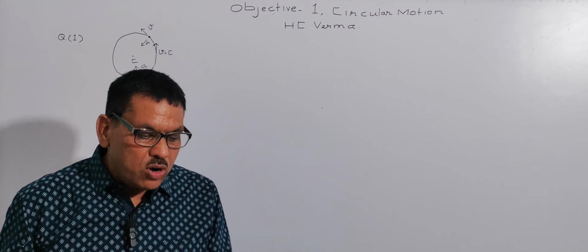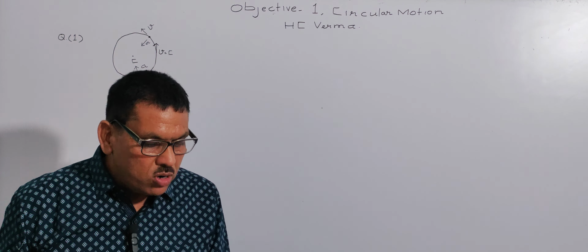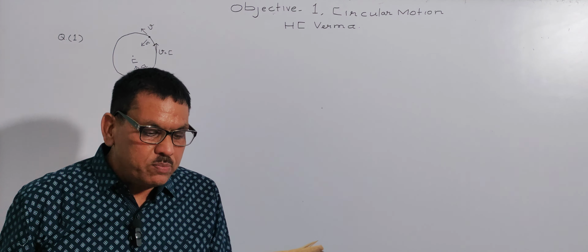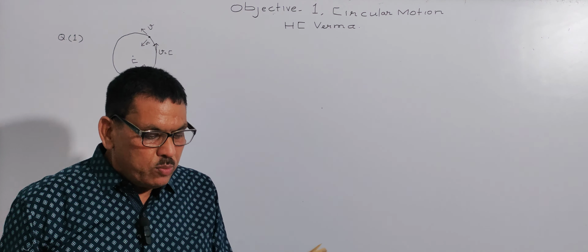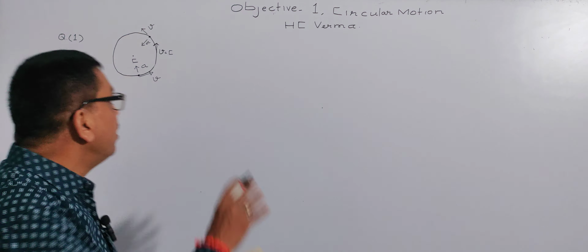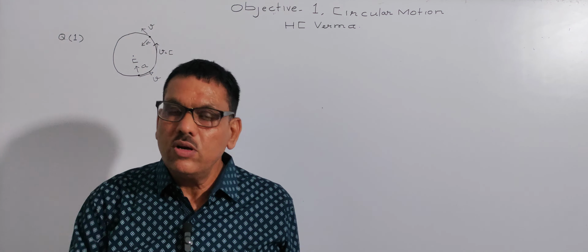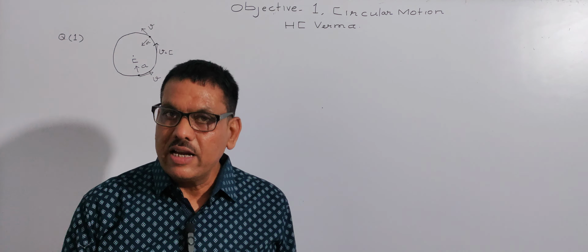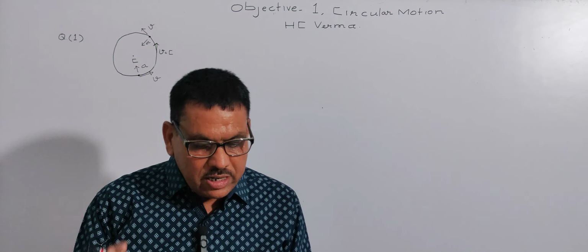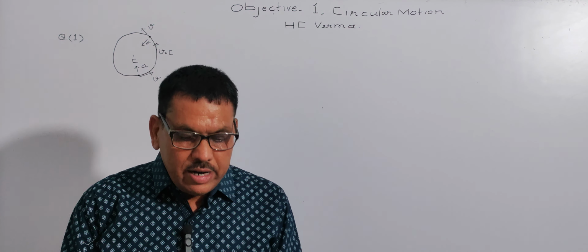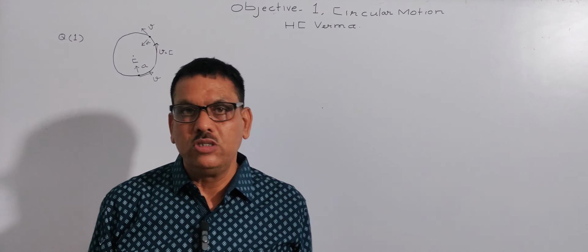Second option is its velocity is constant. Velocity is not constant. So second option is also wrong. Its acceleration is constant but the velocity changes. Now velocity changes is correct, but acceleration is not constant. Why? Because everywhere the direction of acceleration, no doubt the magnitude of acceleration is constant, but the direction of acceleration is not constant. So direction is changing. Now that is C option is also not correct. Let us see D option. Its velocity and acceleration both changes.